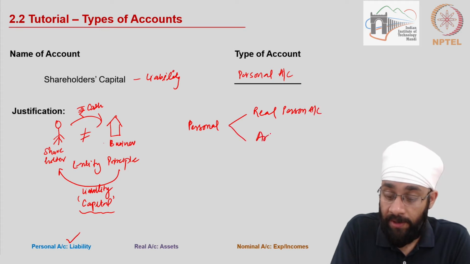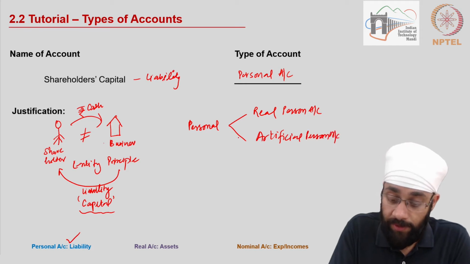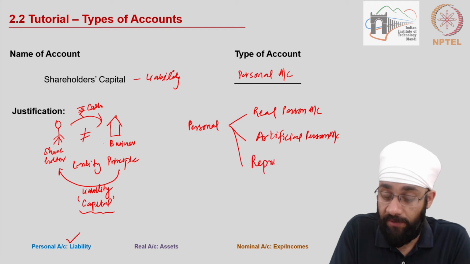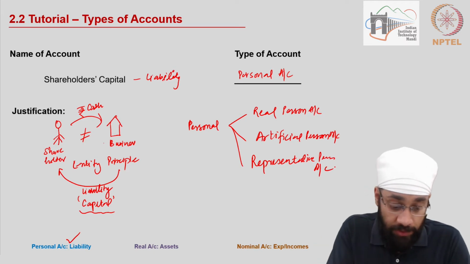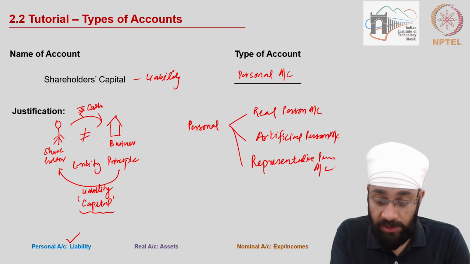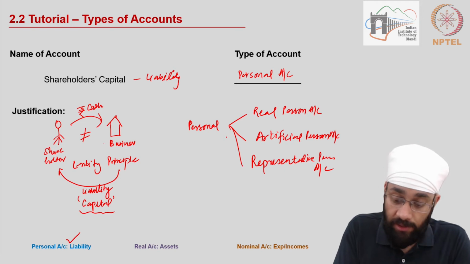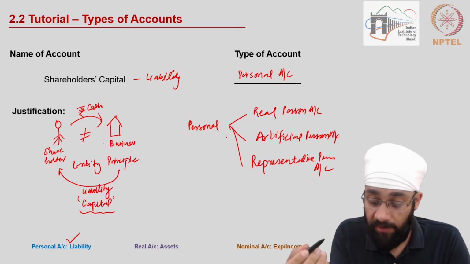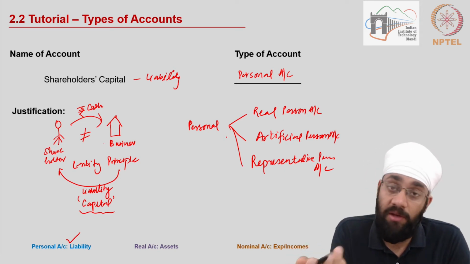Then we had artificial personal account, artificial person's account, and then we had a representative person account.